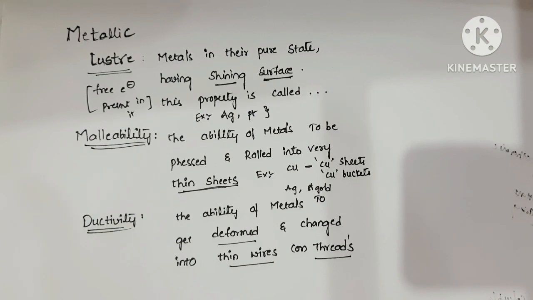The example for this ductility property is gold and also copper. We can see in our daily lives that copper has the ductility property, right? Copper is used to make thin wires.